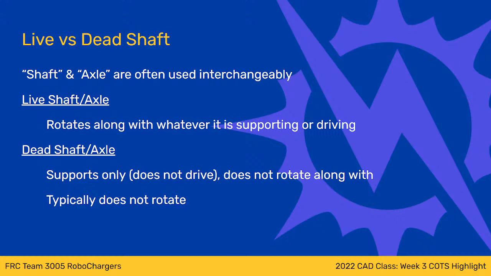So when we talk about live versus dead, live rotates along with whatever it's supporting or driving, right? That is what it is, right? So a live shaft is rotating along with whatever it's driving, and then a dead shaft is only supporting it, right? You think about it, you've got a shaft that doesn't spin and there's a wheel on it and the wheel is spinning. I'm trying to think of a good example of that.